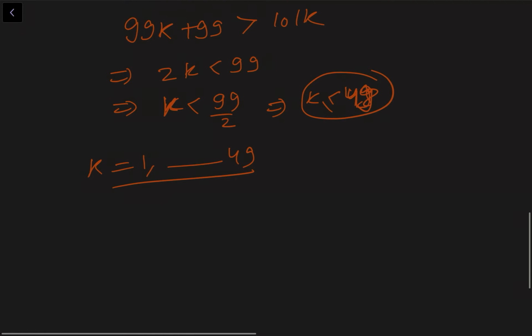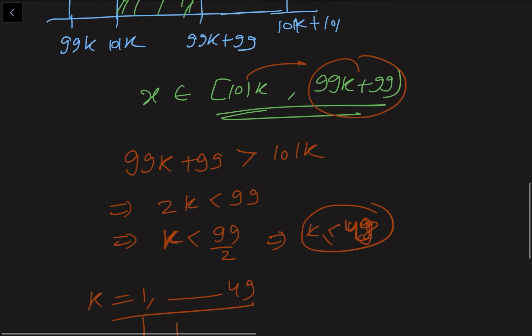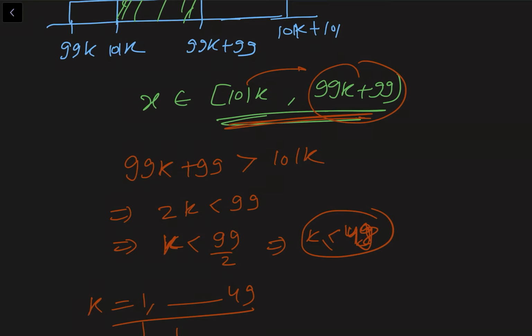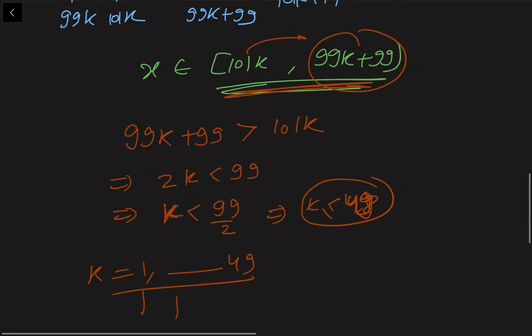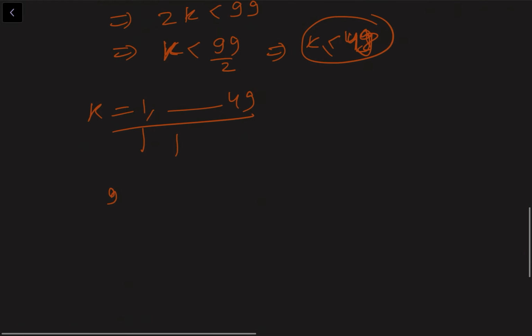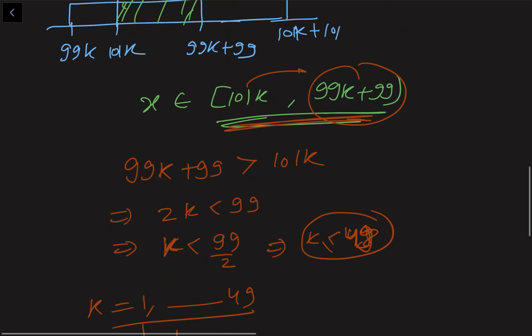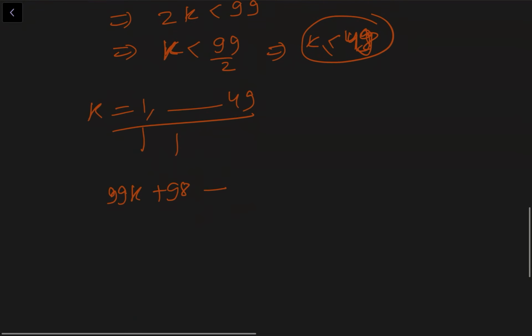So what is the total number of values? For k equal to 1 or 2, the number of integers is (99k plus 98) minus 101k, which gives 98 minus 2k.